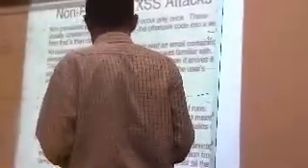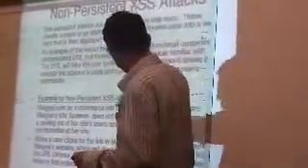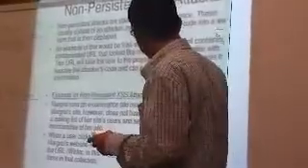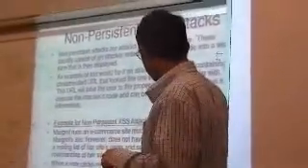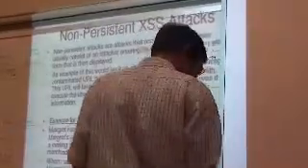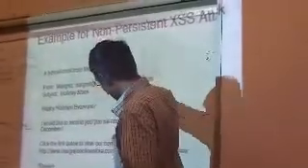Now in the non-persistent, let's go through this example. There's again a person by the name Margaret who runs an e-commerce site, and she frequently sends out emails to her customers telling them if there's a sale or something like that. By the way, this is the general email that she sends out.